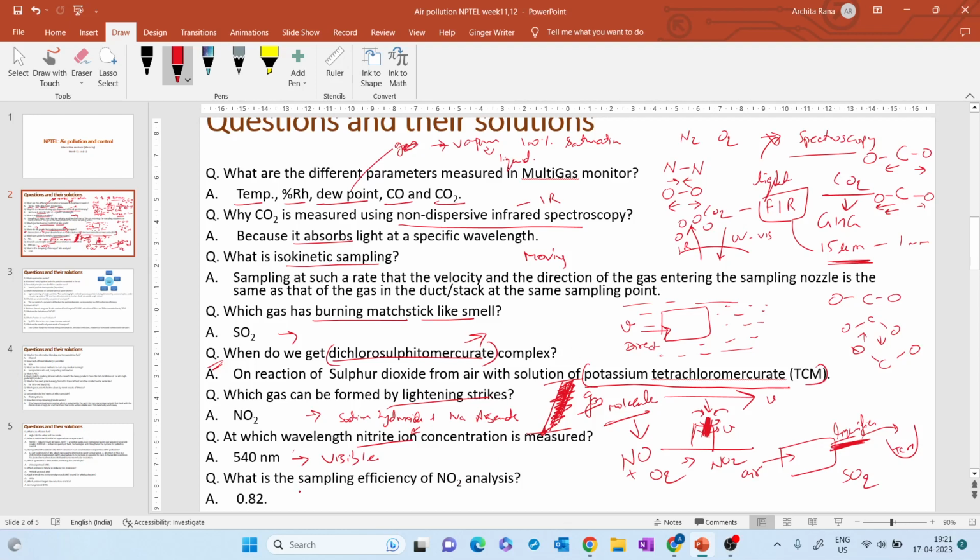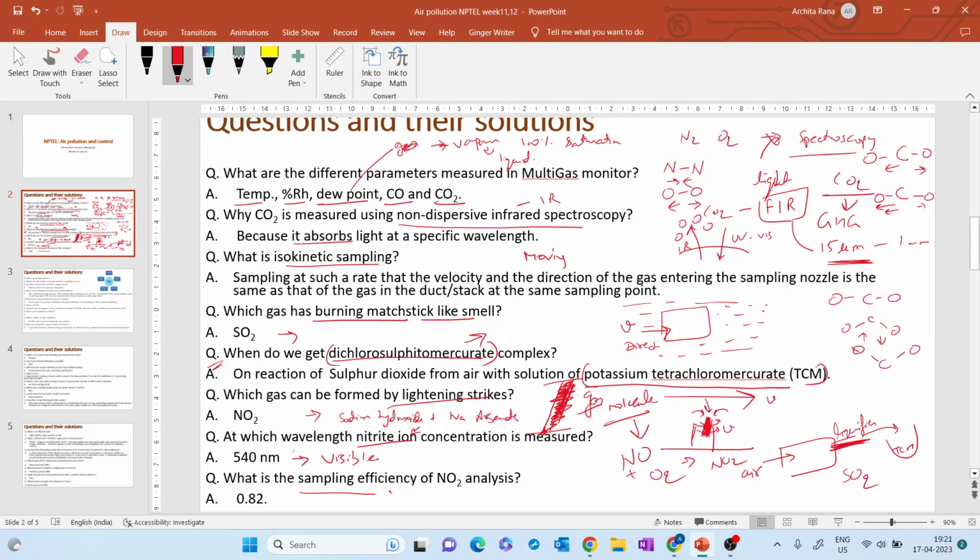If you have gone through the questions, you see that for SO2, even though the process for SO2 and NO2 is almost similar, the difference is that in NO2 they also use sampling efficiency to measure the concentration of these ions or the NO2 gas in general.